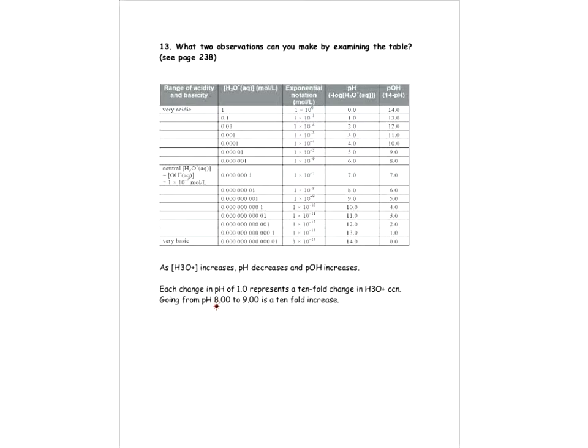So when you're going from a pH of 8 to 9, of course, that's becoming more basic. So you're going to have 1/10 as much of the H3O+ concentration. Okay? So that's basically all we're talking about from the table. So yeah, like you said, it's a 10-fold, right? Okay, so those are 2 observations we can make from the table.